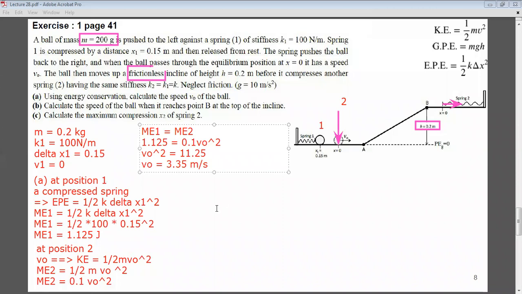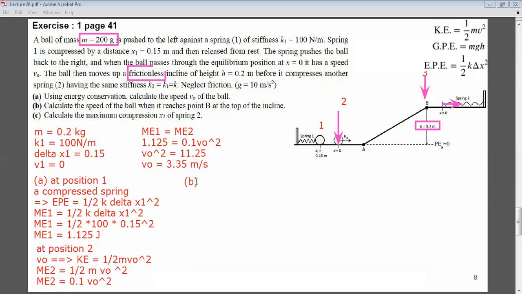Okay, part B. So we will continue here. Part B. Calculate the speed of the ball when it reaches point B. So now this is third position, at position B. Let's call it position 3. We want to calculate the speed.